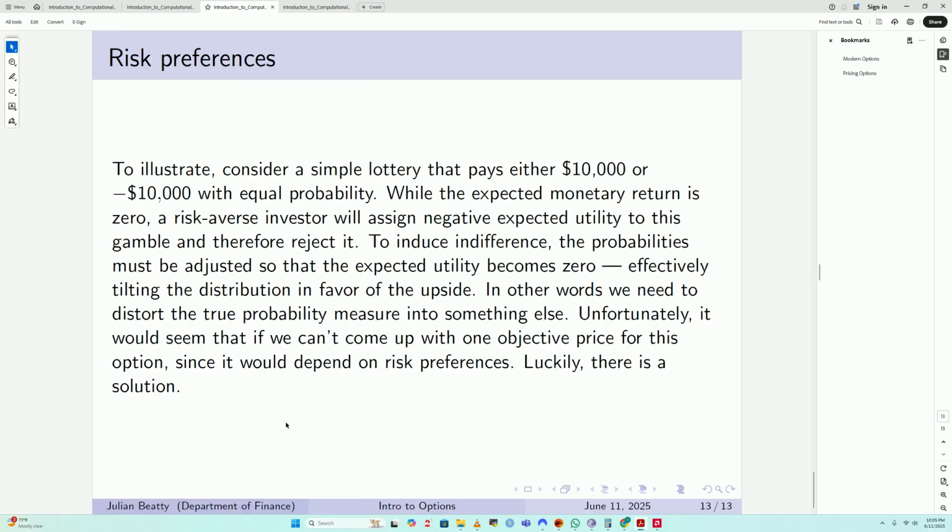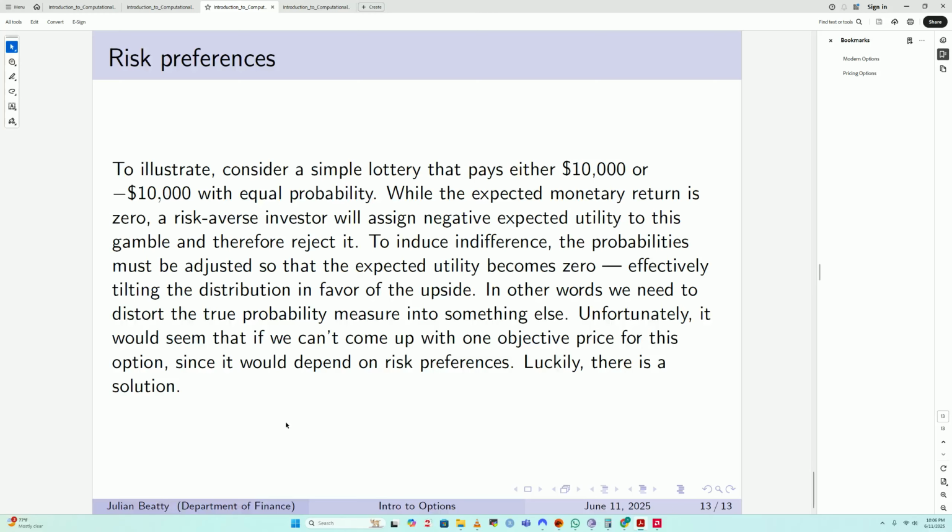The reason is, if you lose $10,000, your life is probably ruined. And so we generally try to stay away from these types of lotteries. So in order for him to buy this lottery, you would have to skew these probabilities to the upside. In other words, we need to distort the probability measure into something else.